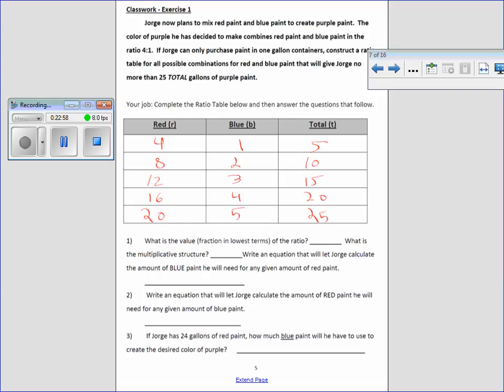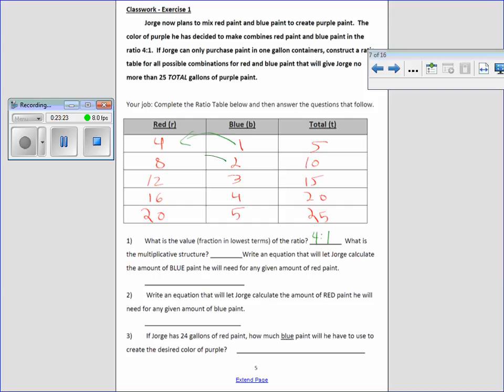All right, value of the ratio first. And for now, let's just make believe the total's not there. Between red and blue, what's our value? Carly. 4-1. Multiplicative structure, and look what's going to happen this time.